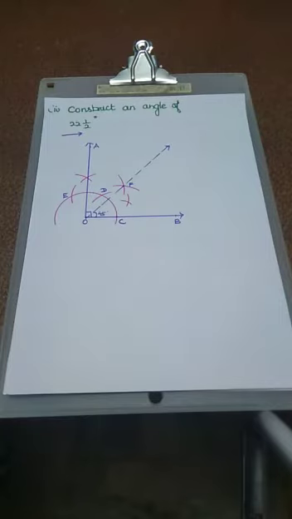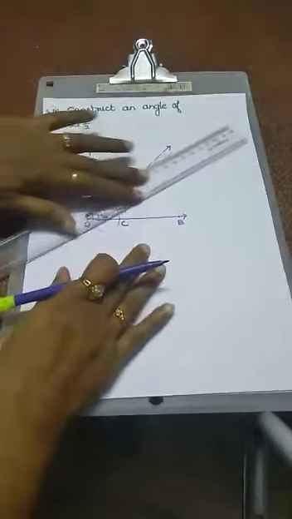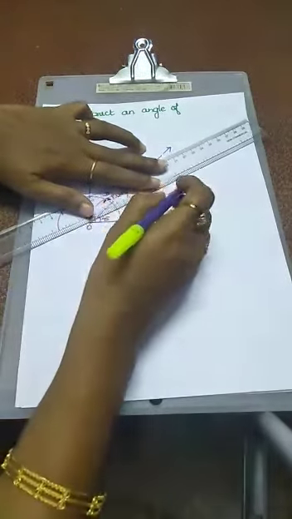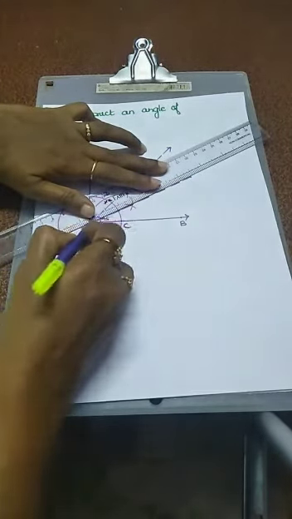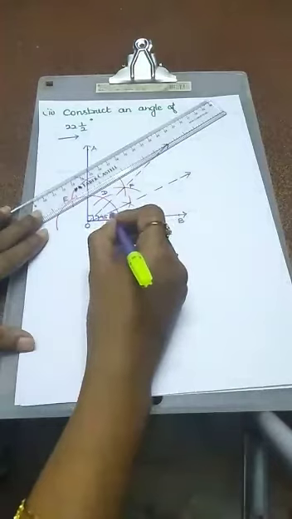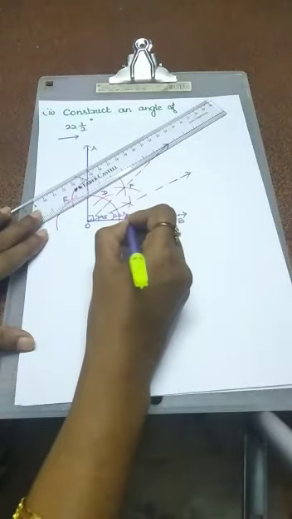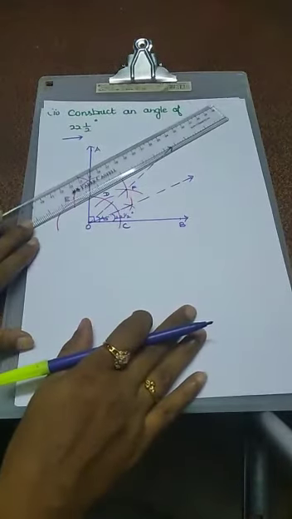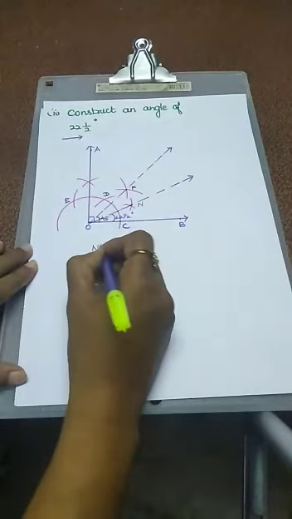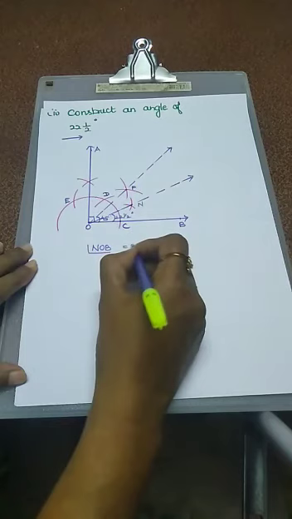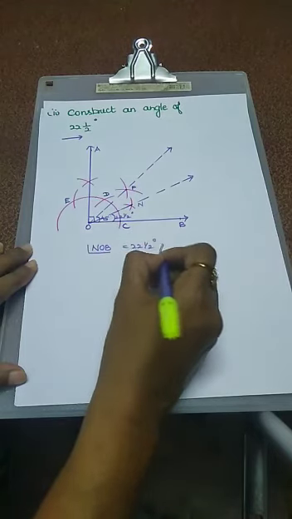Now we get one intersecting point. This value is 22.5-degree. We give the name N for this. So NOB value is 22.5-degree. That's all.